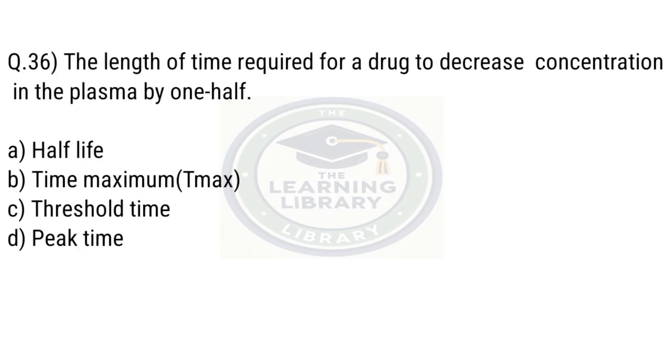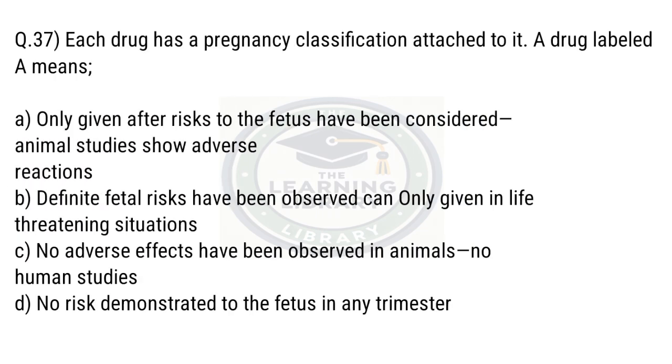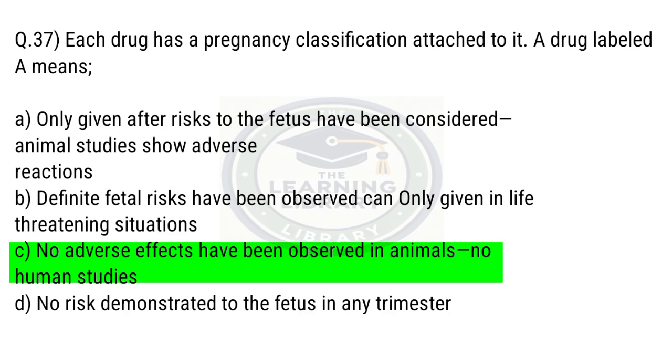Question number 36. The length of time required for a drug to decrease concentration in the plasma by 1/2. The right answer is option A, half-life. Question number 37. Each drug has a pregnancy classification attached to it. A drug labeled A minus. The right answer is option C. No adverse effects have been observed in animals, no human studies.